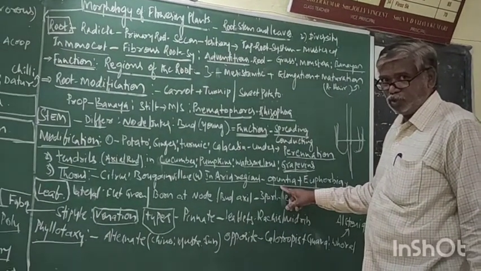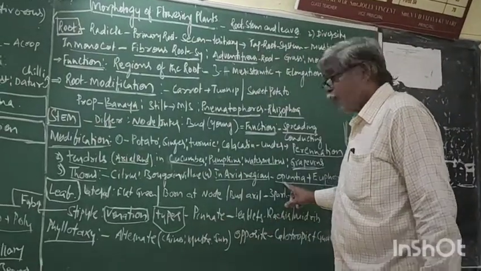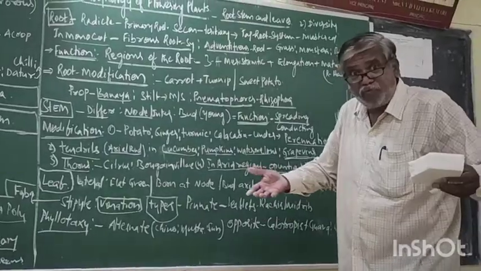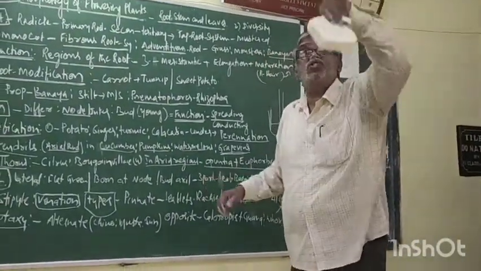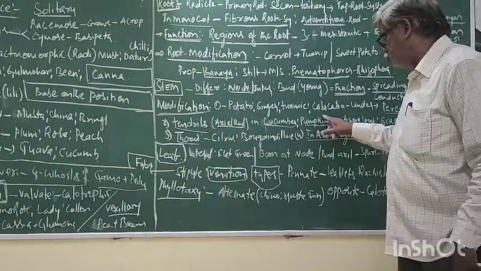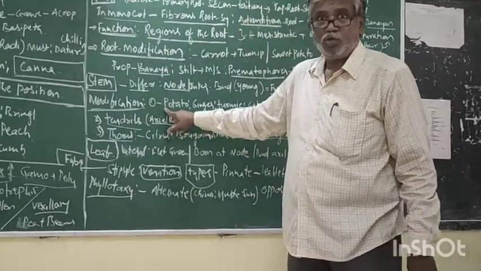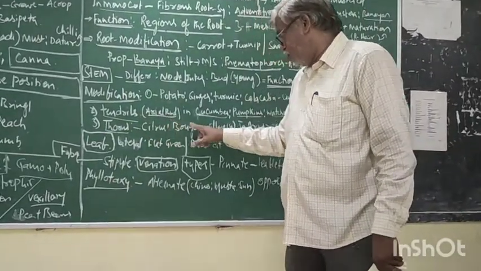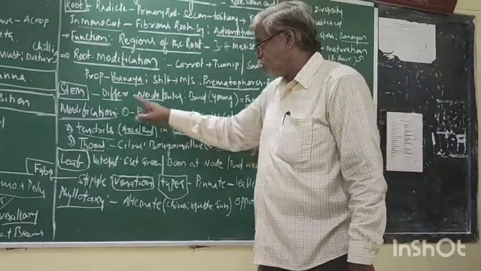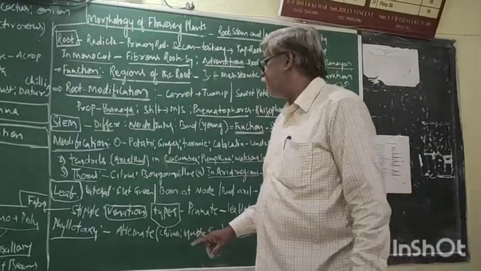The stem is modified as a flat leaf-like structure for photosynthesis. See, modification: in this form, the stem is modified for what? Storage. Now, cucumber, pumpkin, in these two, the stem is modified for climbing.